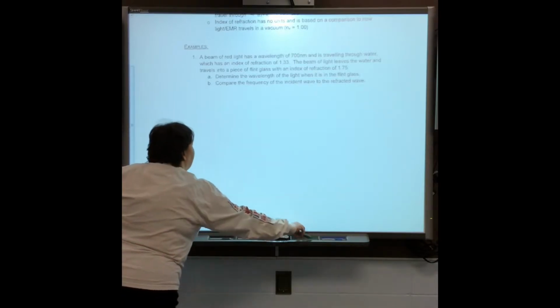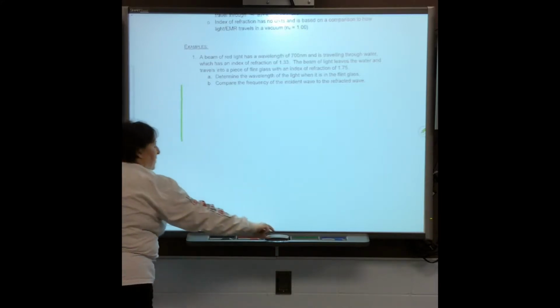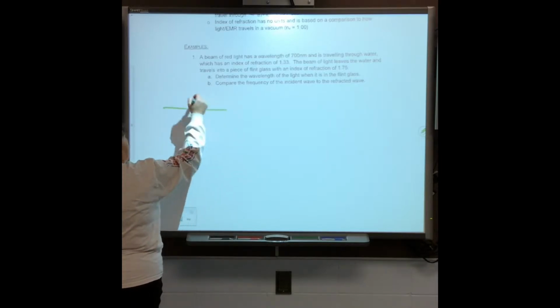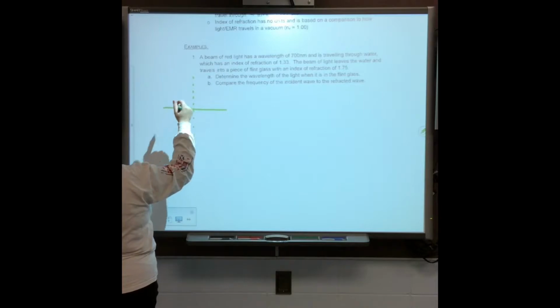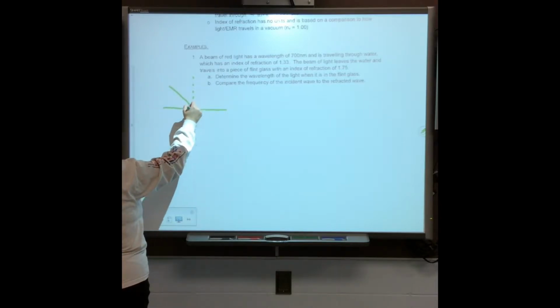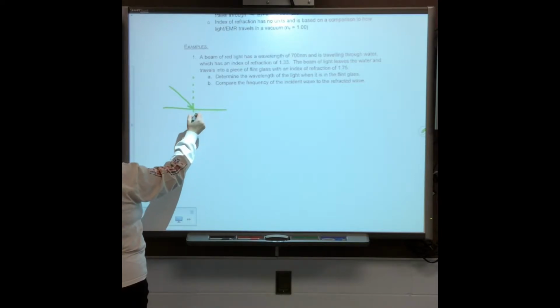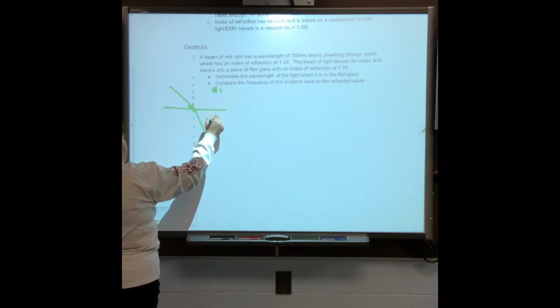So the first thing that we have to do is draw a diagram, a picture. This is the surface, and here's the line of normal. So here we have a wave come in, or a light ray come in like this, and it's going to go like this. So this is medium number 1, and this is medium number 2.